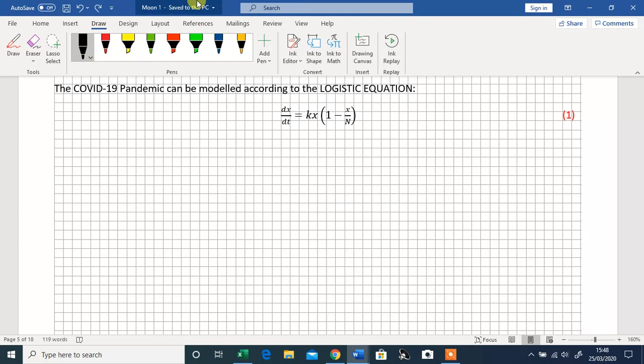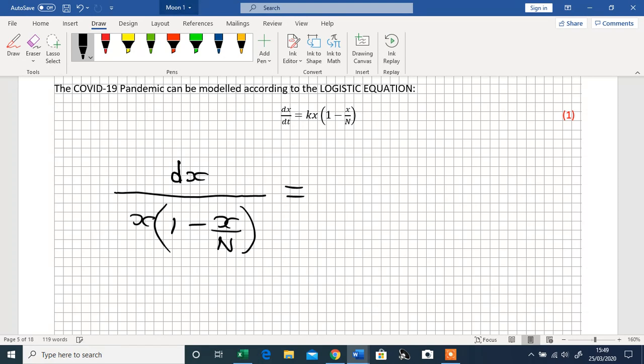So if we do that, we've got dx divided by x times 1 minus x over n, and we just leave it like that.